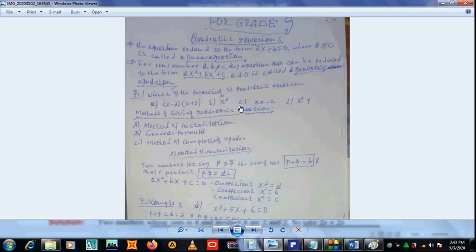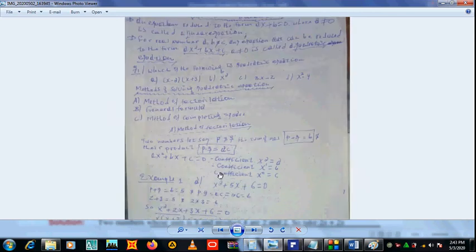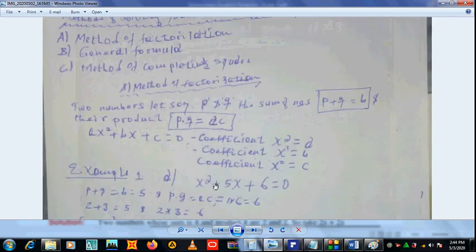Methods of solving quadratic equations. We discussed that there are three methods of solving quadratic equations: factorization, the general formula, and completing the square. Let's see the method of factorization.